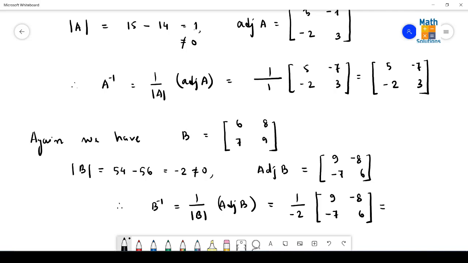This can further be written by multiplying each and every term of this matrix by the scalar minus 1 by 2: it is minus 9 by 2, 4, then 7 by 2, and here I get minus 3. So this is the result for B inverse.